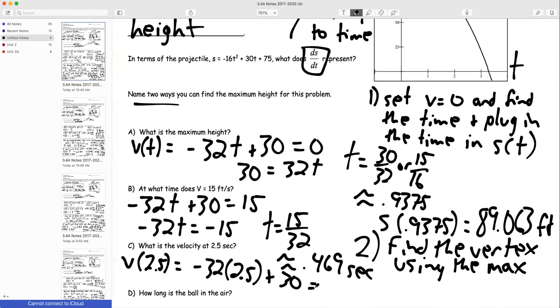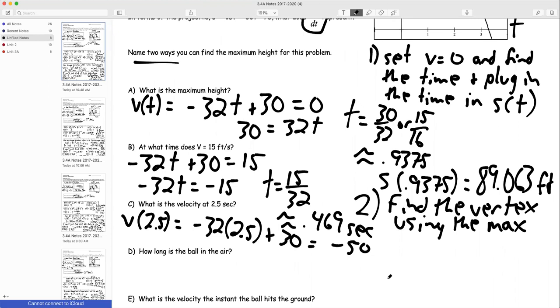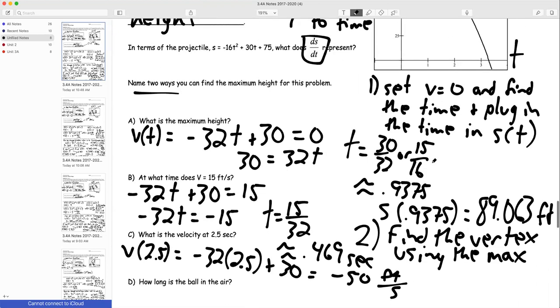Negative 50. What are my units? Negative 50 feet per second. Does it make sense that it's negative? What does it mean that it's negative? It means that the ball is dropping at 2.5 seconds, right? And yes, look at the graph there, it's going down.